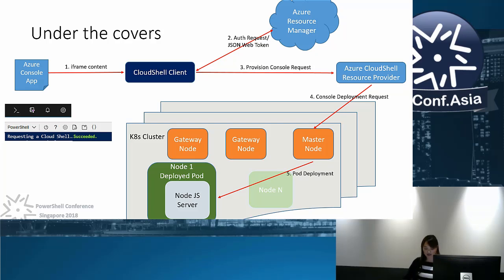So client, again, cannot talk to the deployed pod directly. It goes through the gateway node. And gateway node will proxy the request to the actual server. And here, you see here, we do set up terminal and then connect to it. After that, we do set up a WebSocket connection between these two, client and the server.